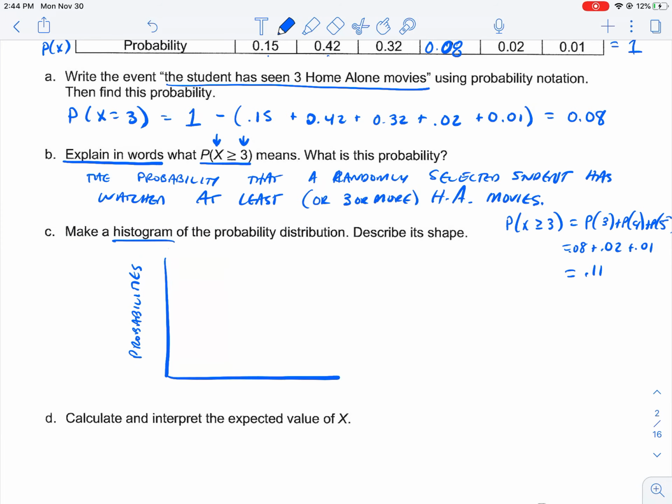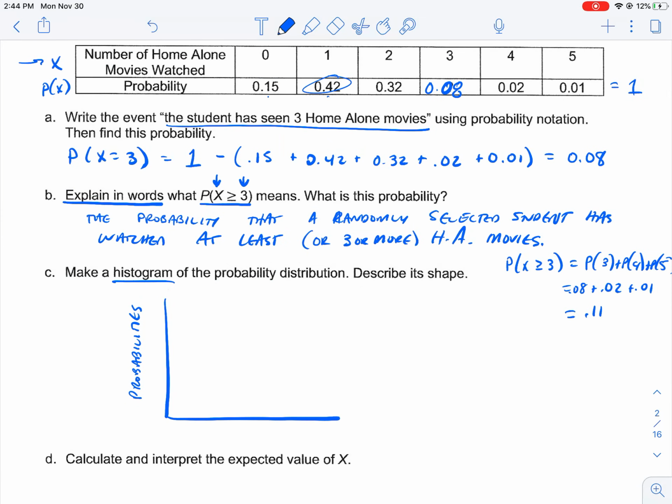My biggest probability is 0.42, so I really need to go just up to 0.4, because I don't need to go all the way to 100, since I'm measuring each of the individual probabilities on this scale here. And here's my 0, 1, 2, 3, 4, and 5. That's all my movies there.